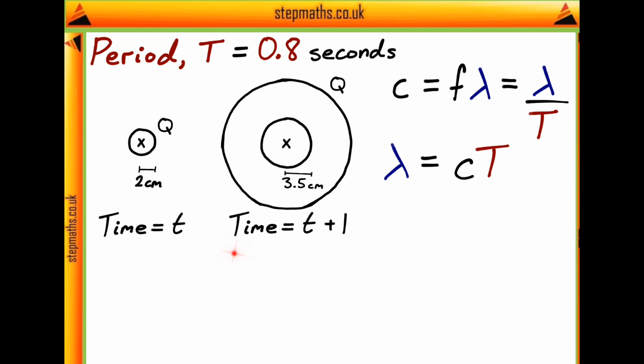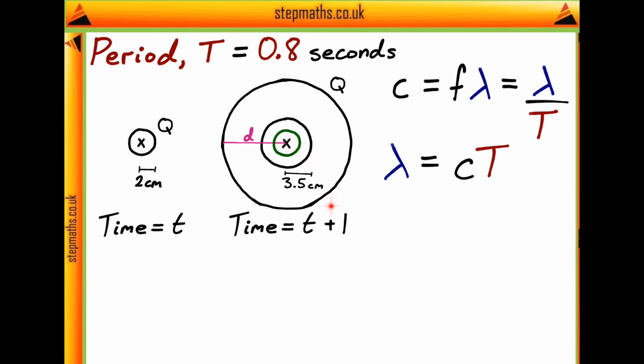So we know that in 1 second our wavefront Q moves out to this different distance, but we haven't got a distance on here at all. So how about we label one and call it D? The distance from X to our wavefront Q at the time t plus 1, let's just call D. Then I've labelled our wavefront at time t on our diagram, just to make it a bit clearer what we're going to do next.